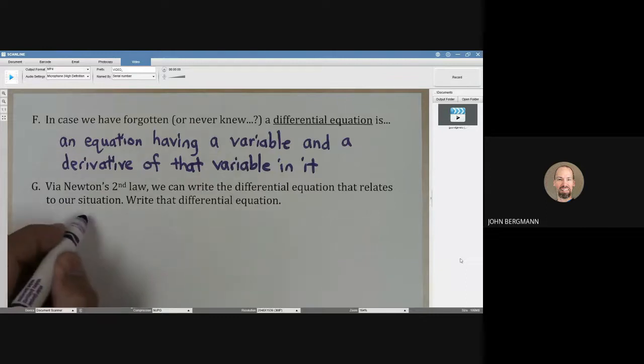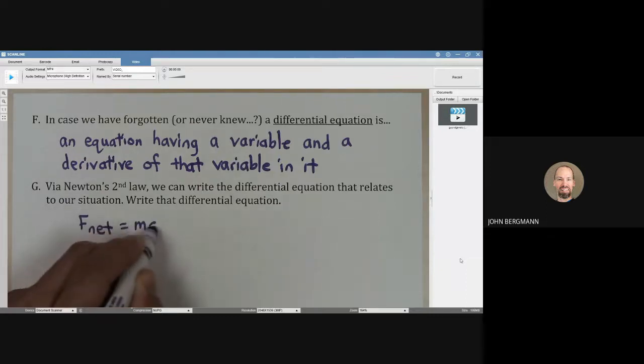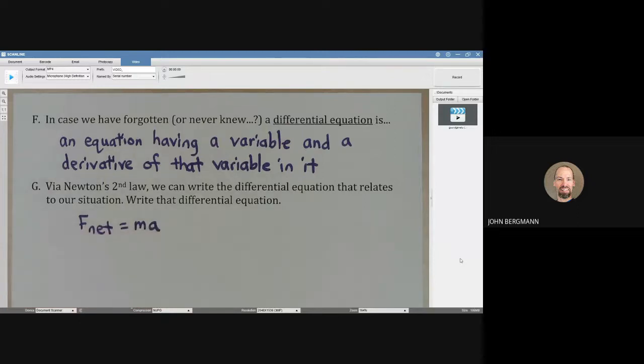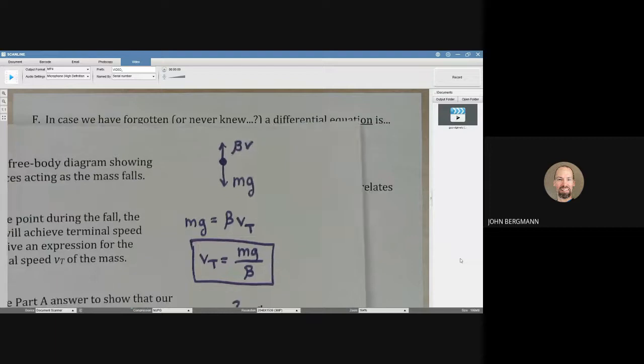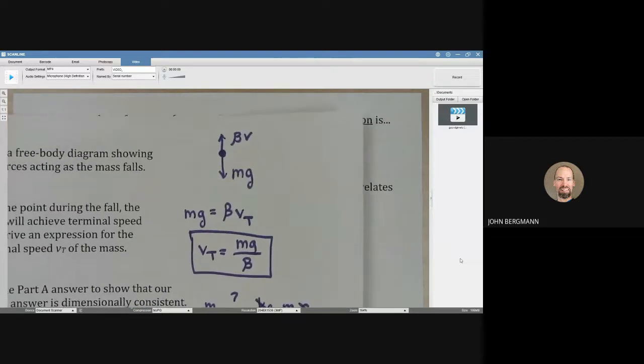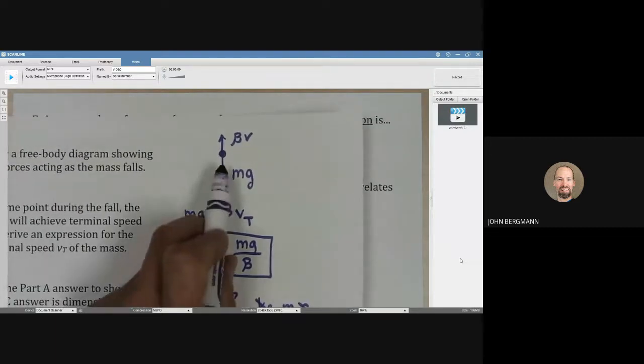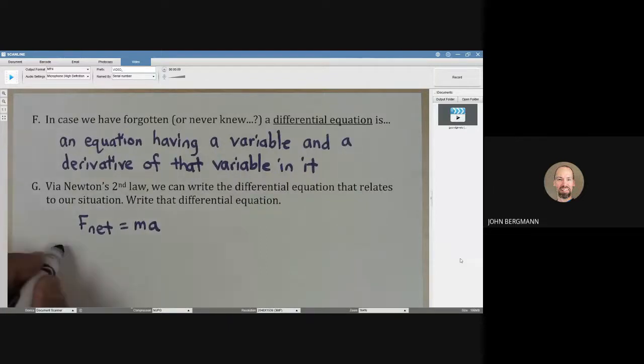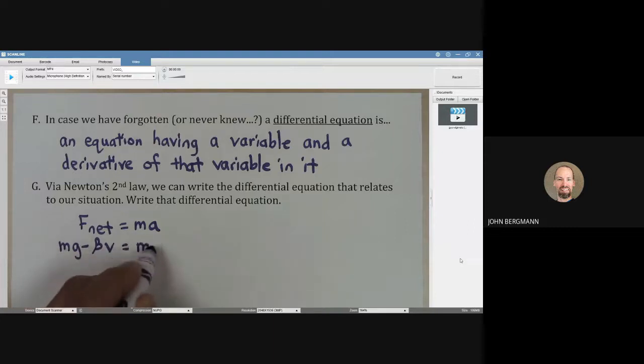All right, so Newton's second law is the net force is equal to the mass times the acceleration. Looking at our free body diagram, the net force on this mass will be mg minus beta v. The left side becomes mg minus beta v, and then m times a.